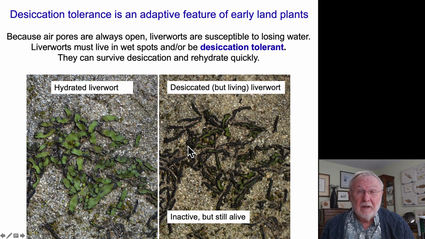It's still living, but it's desiccated, it's stabilized in a dry condition. That is a feature of early land plants that is no longer retained in the more derived plants. After you add water to them, they quickly rehydrate, protein synthesis takes place again, chlorophyll function resumes, and they can photosynthesize and grow.